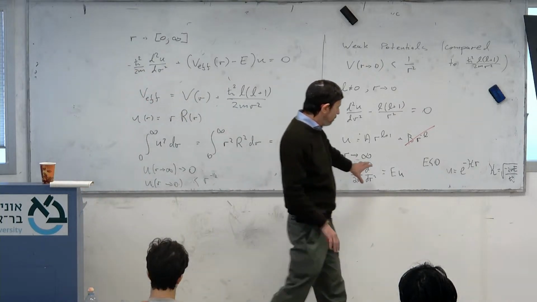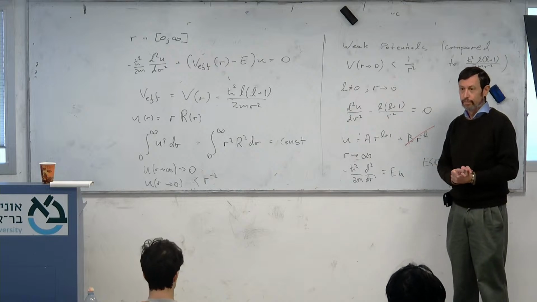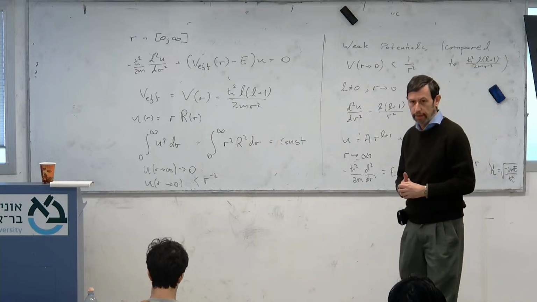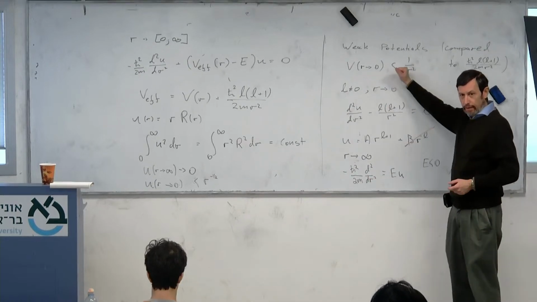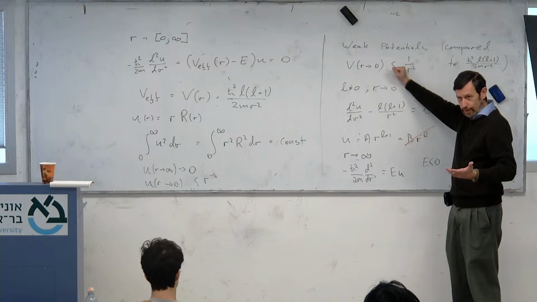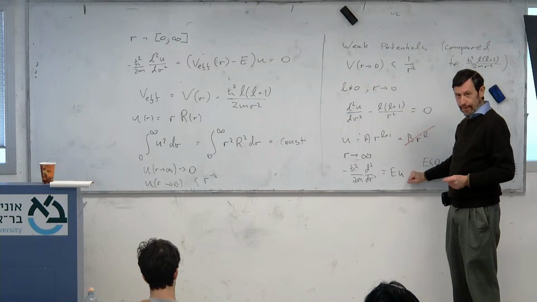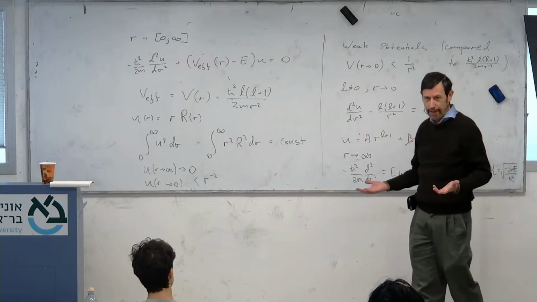Okay, so we have the two limits. Now all that's left, and that we'll do after the break, is to combine. We know the behavior at r equals 0, in the vicinity of 0. We know the behavior at infinity, and we have to combine these two behaviors.